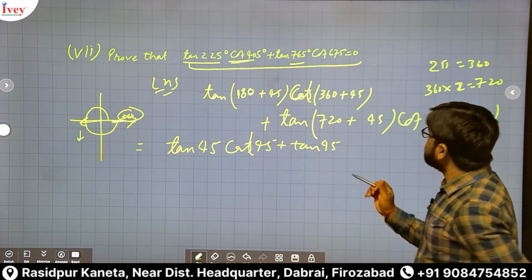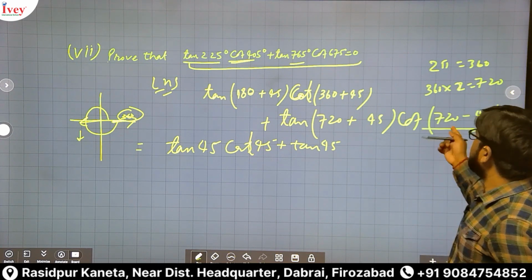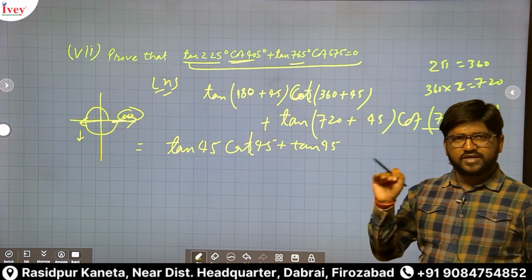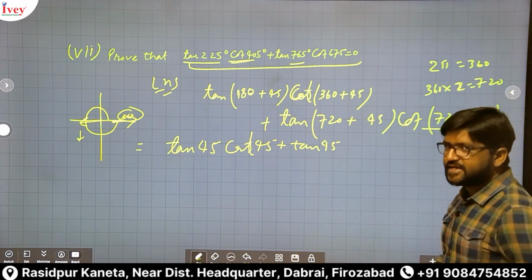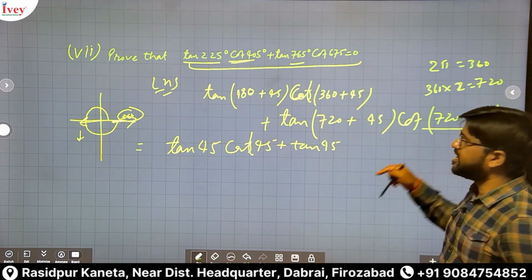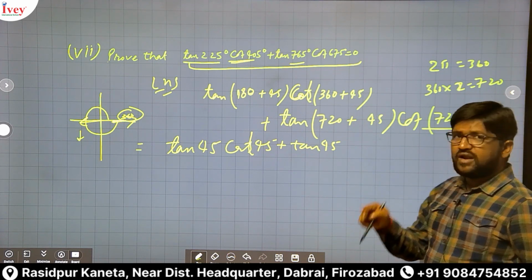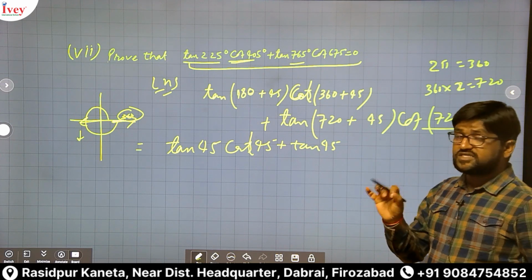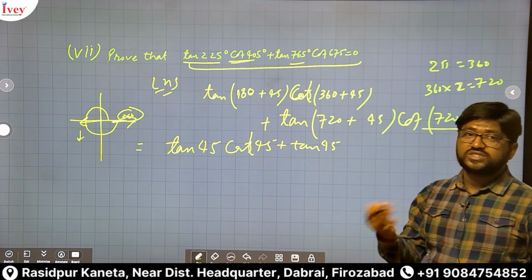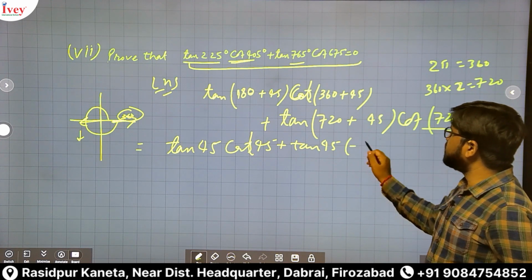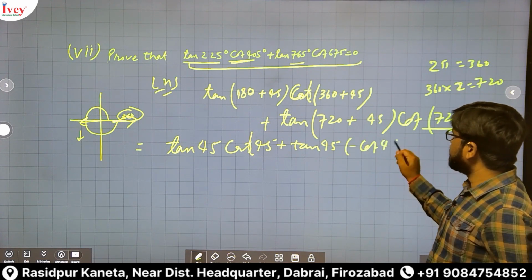Right? Now come to this. So again it is cot 720, which is the angle associated with the positive direction of x-axis, and we are subtracting something, so we are going to land on the fourth quadrant, and in the fourth quadrant, you know well that cot is negative, because only cos and sec are positive. So it is going to be minus cot 45, right?